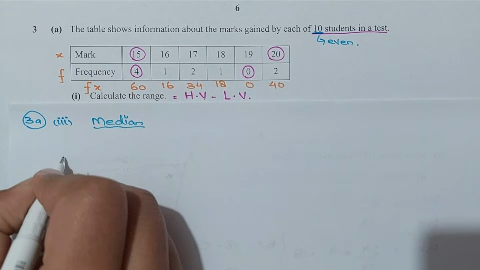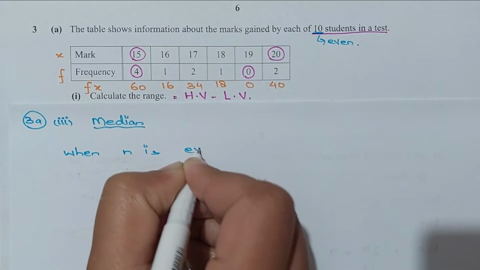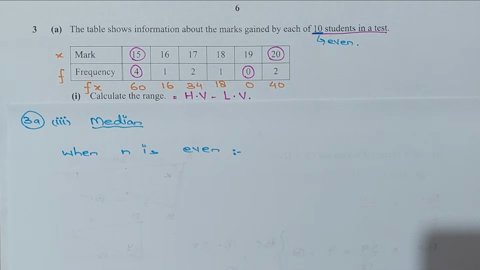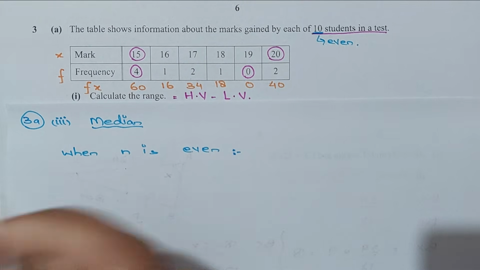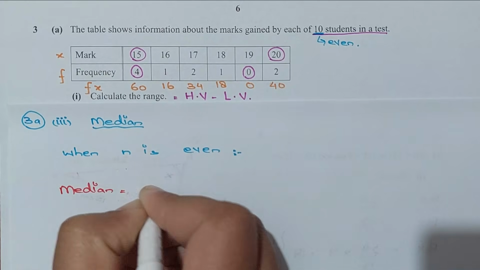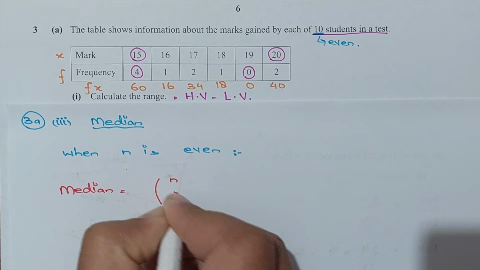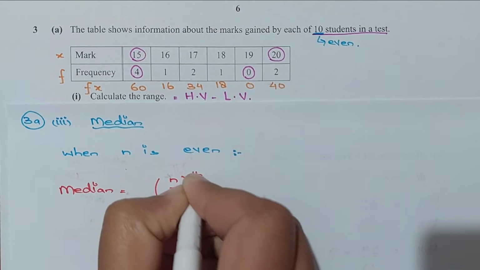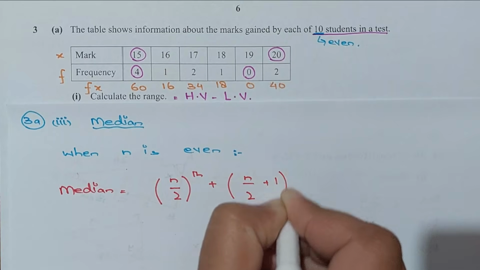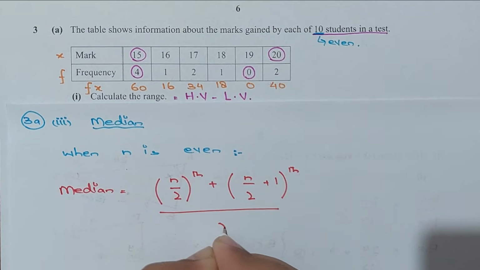Okay, median. When n is even, since the number of students is 10 and 10 is an even number, the median formula is: the n by 2th term plus the n by 2 plus 1th term, divided by 2.